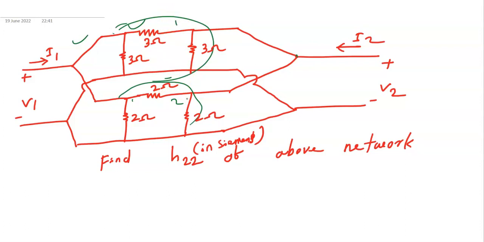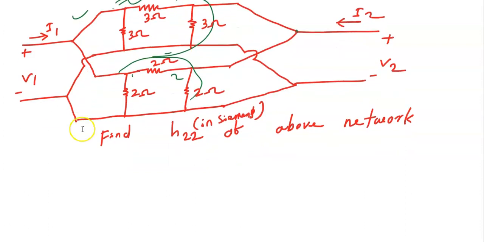First, we know that if you directly go and find H22, maybe you get stuck midway, but it's better to follow the procedure, that is, how H22 is related to the Y parameters, and you know that Y parameters are added when two-port networks are connected in parallel.